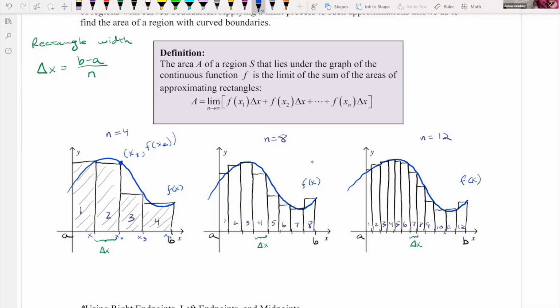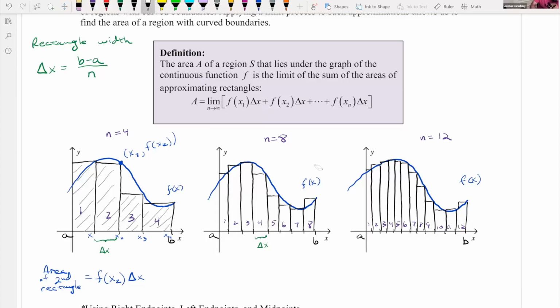In other words, the area of the second rectangle is going to be f of x sub 2 times the width, which is delta x. That is the area of the second rectangle.